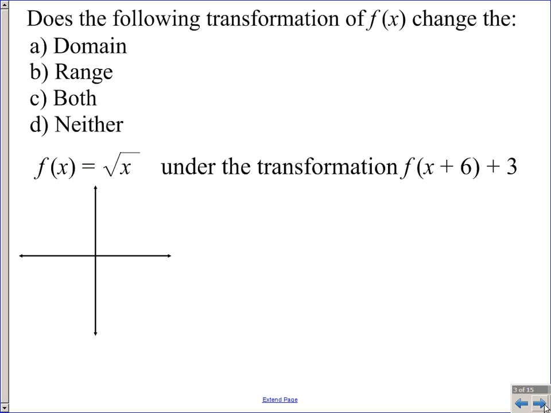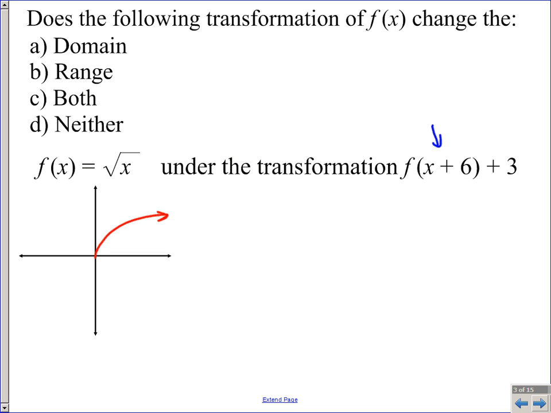Moving on to the next parent function we've seen, it's a square root function, has a basic graph like this. When we do a transformation inside the function, it's going to be horizontal, and in this case, as you saw in the previous lesson, it looks like something that's the opposite of what you might intuitively think. For instance, if you add 6 to an x, you think it's going to move to the right. Turns out it moves to the left.